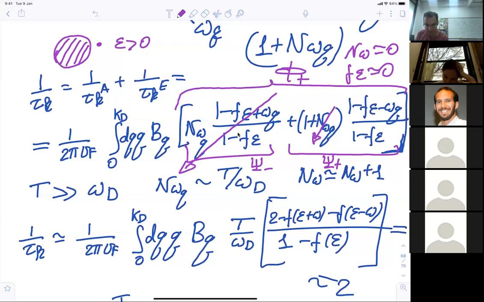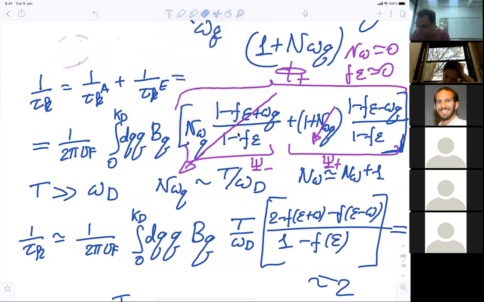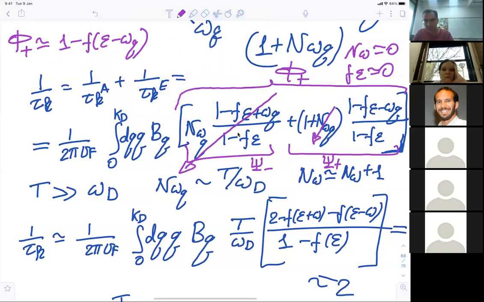Essentially, I can say that this phi plus is approximately 1 minus f of epsilon minus omega. That's the only thing that survived.